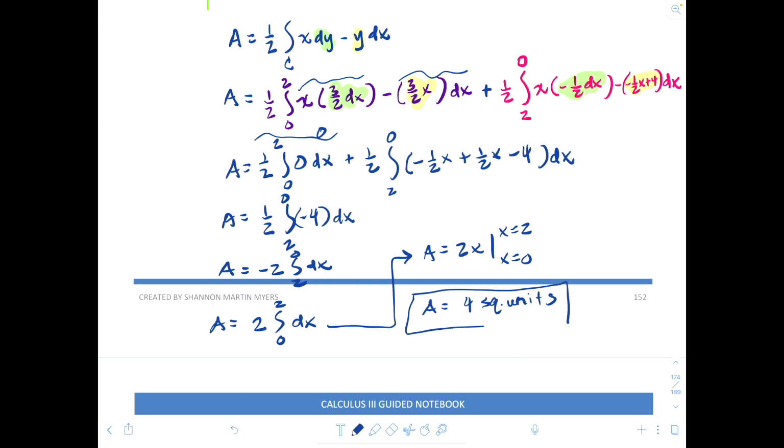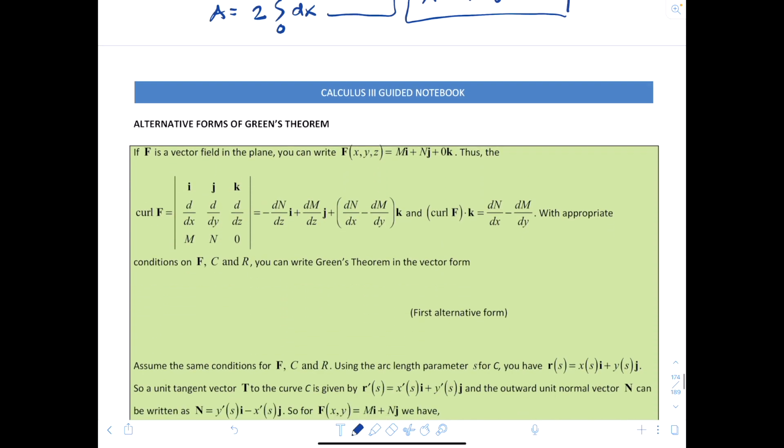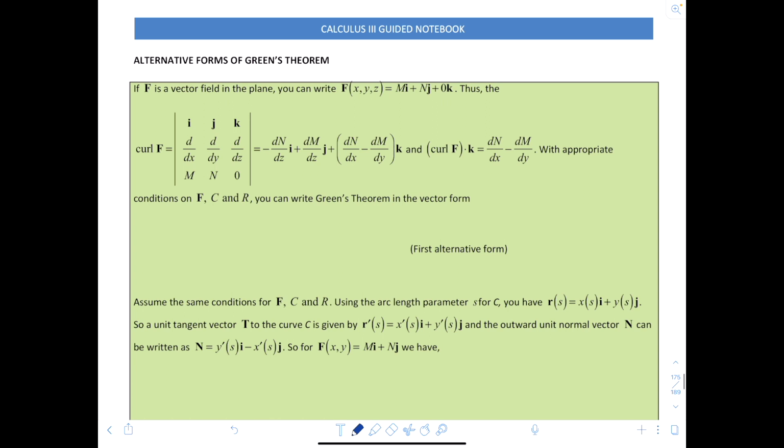Cool? All right. So now there's some alternative forms of Green's theorem, depending on what information you have and what you're working with. Again, I'm not going to prove all these things, I just wanted to expose them to you. It turns out that if F is a vector field in the plane, you can write it as a vector field in space, F of x, y, and z equal to mi plus nj plus 0k.